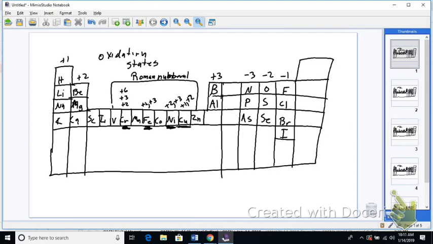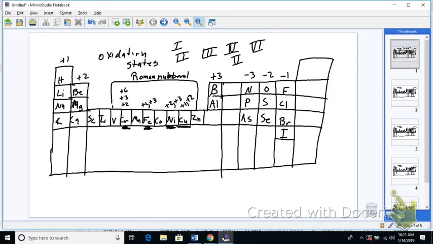Now you guys know your Roman numerals, right? The Roman numeral for 1 is I. A 2 is II. A 3 is III, 4 is IV, 5 is V. I don't think you have to go past that, but if you did, 6 is VI.